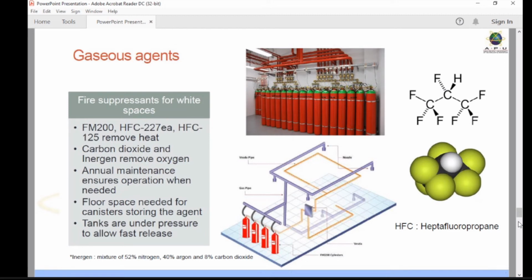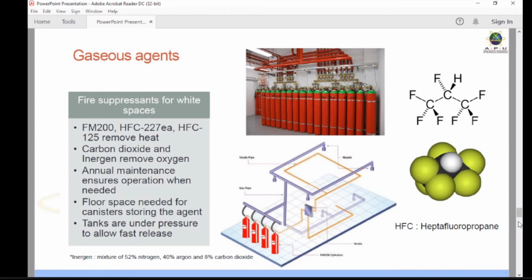Inergen is the mixture of 52% nitrogen, 40% argon, and 8% carbon dioxide. Okay, these three gases are combined together to form Inergen. And then actual maintenance ensures operation when needed. Floor space is needed for canisters storing the agent. So canisters are like boxes or spaces where you store the agent.